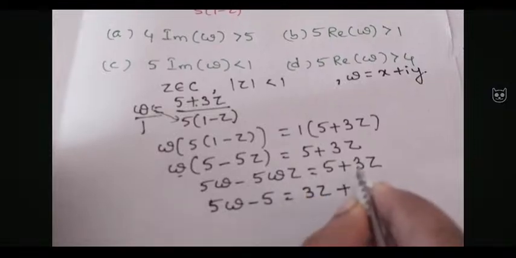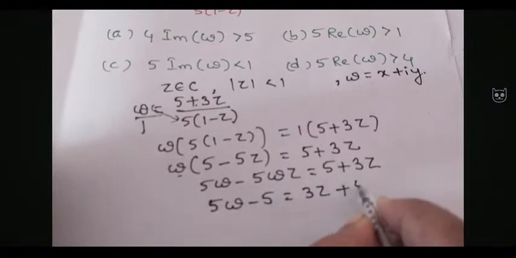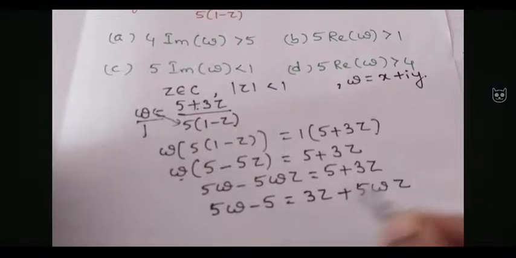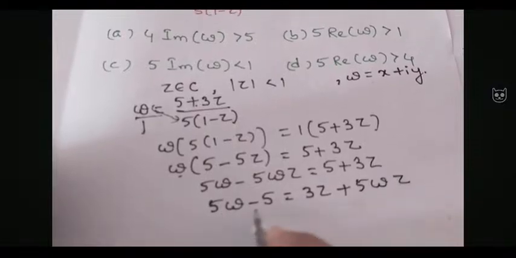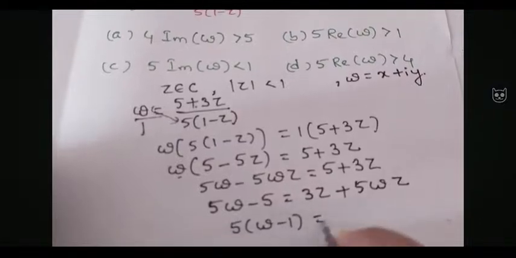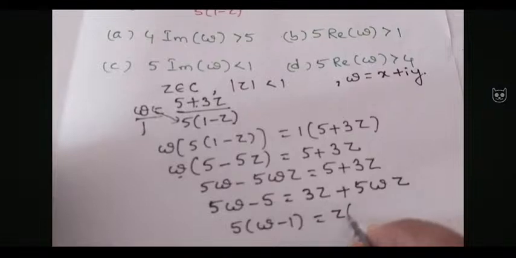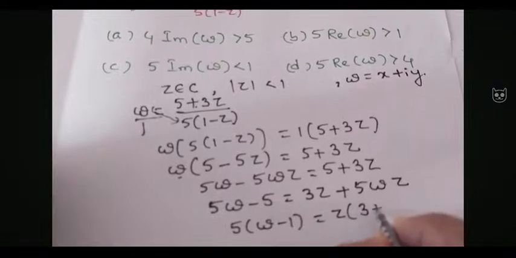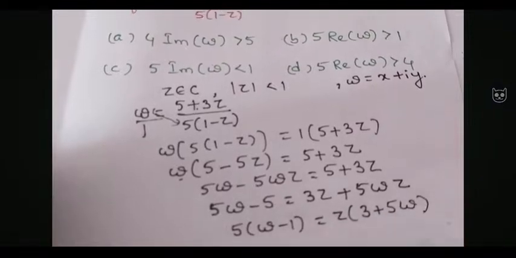When it comes to right hand side, it will become plus 5 omega z. Now take here 5 common, 5 of omega minus 1. Here the common is z. Then take 3 plus 5 omega.